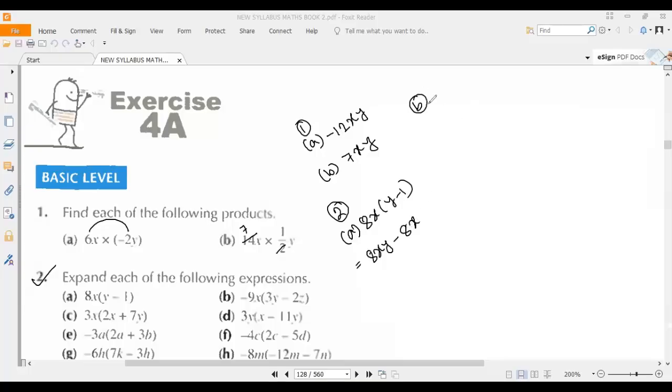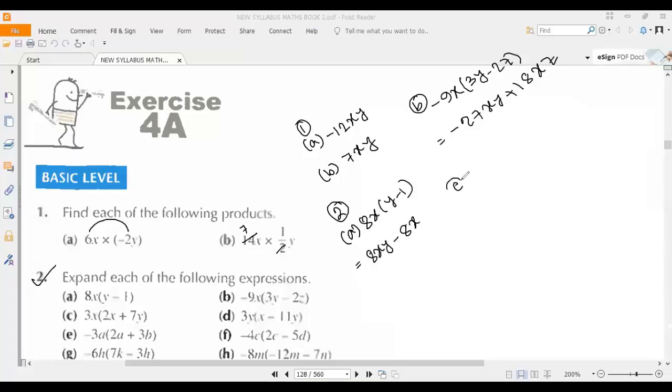Number B. B says minus 9x into 3y minus 2z. So here minus 9 3s are 27xy, minus a plus 9 2s are 18, 9 2s are 18, x into z, xz.